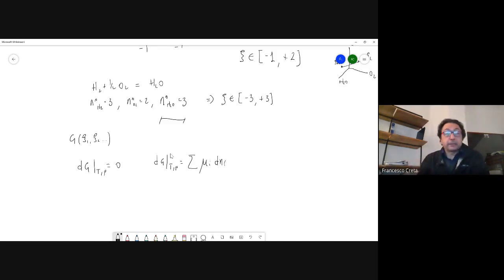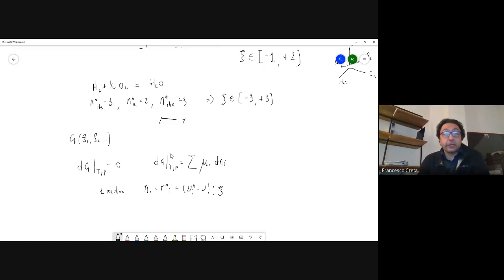But remember that if I have a generic reaction, so consider one reaction, we've been writing over and over again that the composition is equal to the initial composition plus the difference in stoichiometric coefficients related obviously to species I times the reaction progress variable.